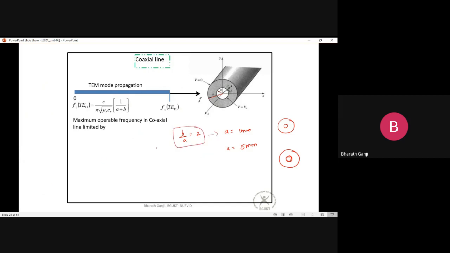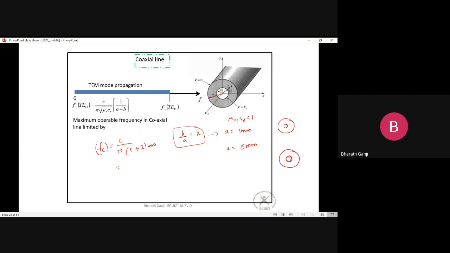In that scenario the cutoff frequency for the first case is c divided by pi times a plus b. Let us say it is air-filled, so I'll take mu r and epsilon r equal to 1. Then a plus b is 1 plus b, which is 3 times a, so you get 3 mm.